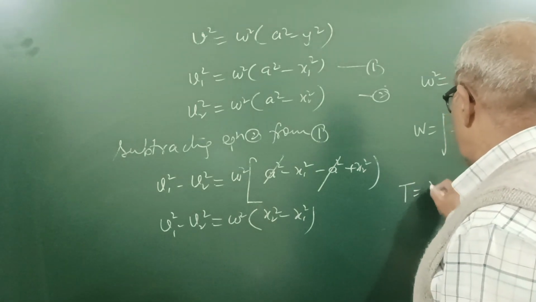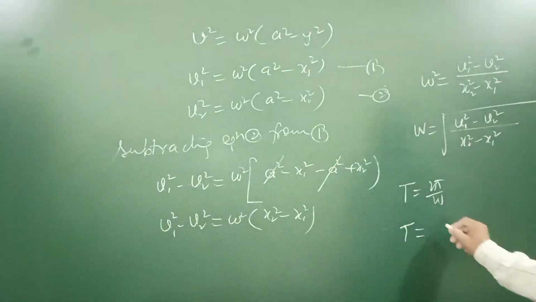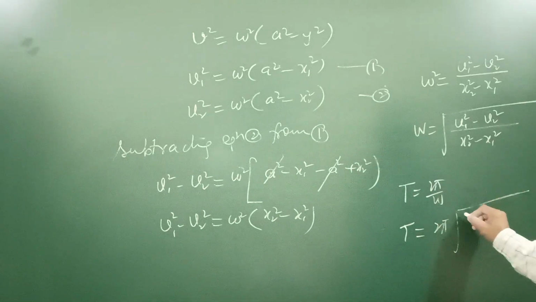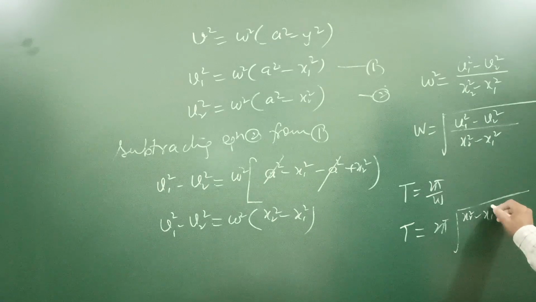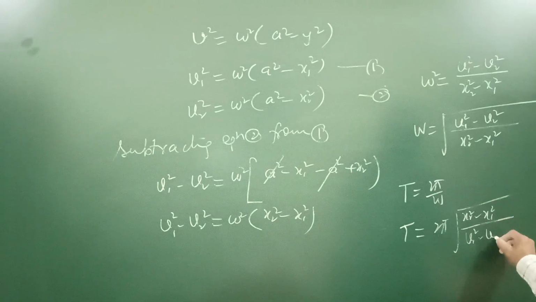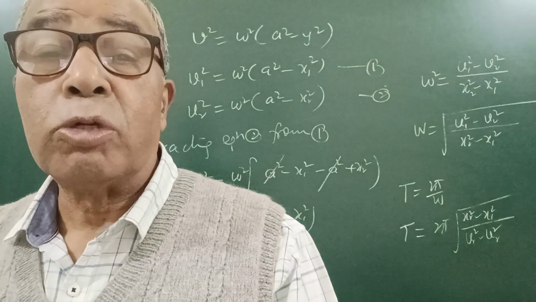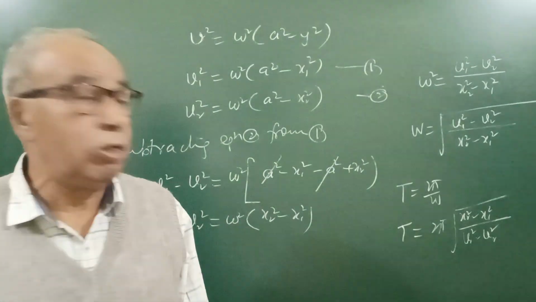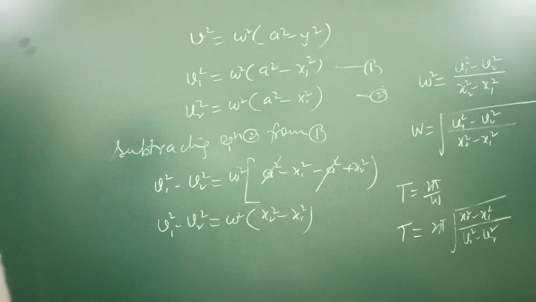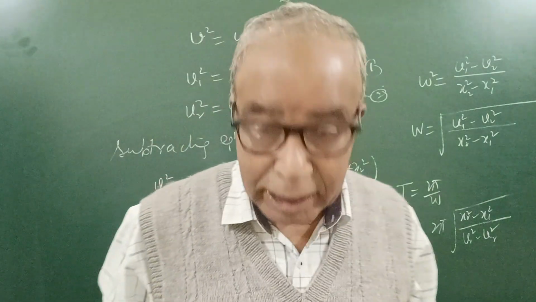And hence T equal to 2 pi upon omega, and T comes out to be 2 pi under root x2 square minus x1 square upon v1 square minus v2 square. This is the time period of simple harmonic motion in which the particle has velocity v1, v2 at distances x1, x2. A good question, an application of the formula. Thank you.